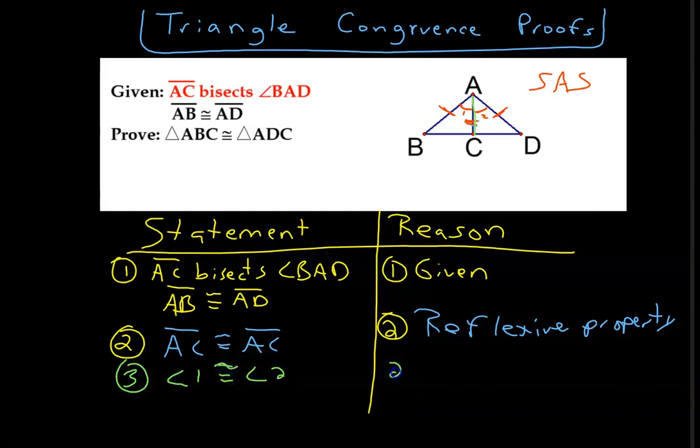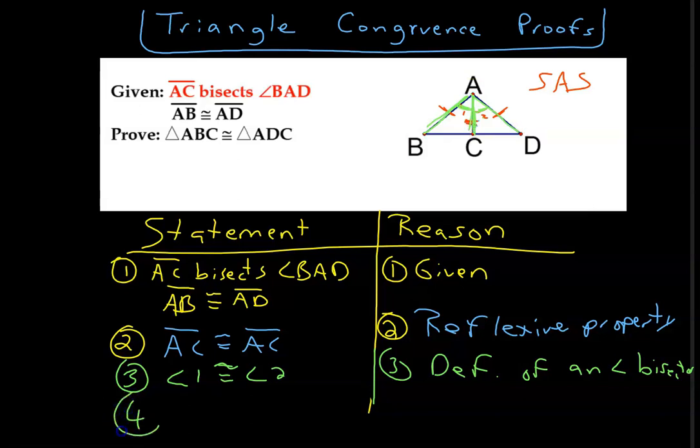And the reason why they were congruent was the definition of an angle bisector. Alright, now that I justify why angles 1 and 2 are congruent, and I knew this was congruent to this one, and I knew that was congruent by reflexive property, I can now say side angle side.